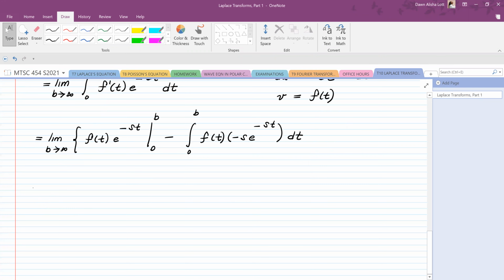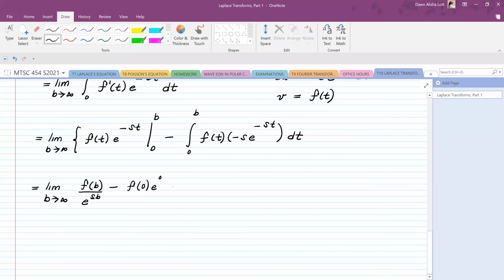So this now is going to equal the limit as b approaches infinity. I'm going to get f of b over e to the s times b, minus f of 0 times e to the 0.